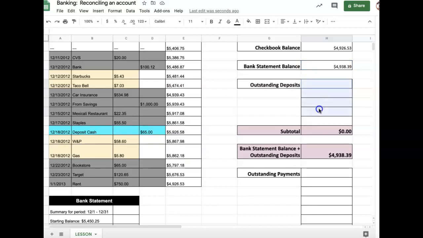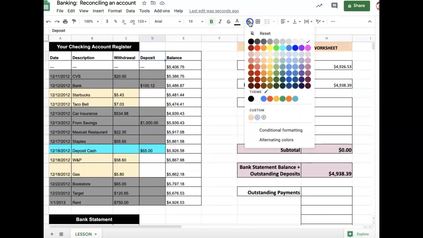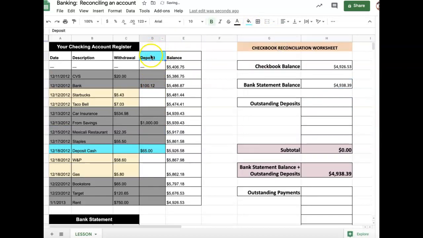Let's list all the outstanding deposits that the bank didn't know about. Here are the deposits, this side, and the only one is this one right here. That's the only outstanding deposit. It's just $65.